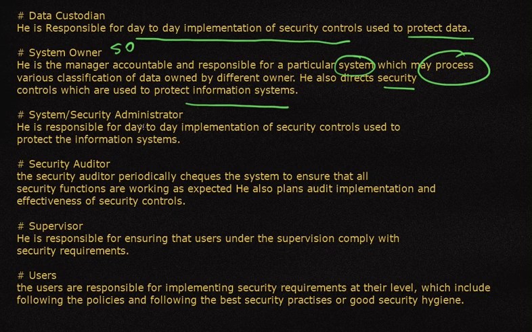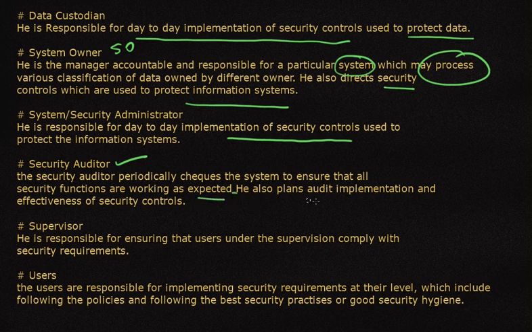The security administrator is responsible for day-to-day implementation of security controls, which are prescribed as per the policies or guidelines, or may be prescribed by the risk auditor. This is implemented by the security administrator. The security auditor periodically checks the system to ensure that all the security functions are working as expected.